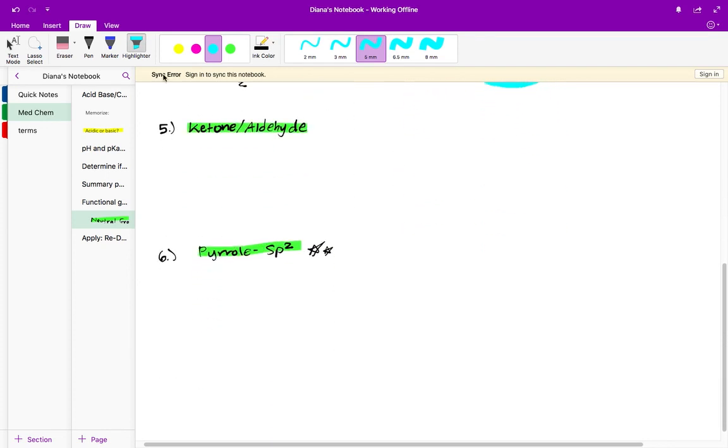Now we're going on to our ketones and aldehydes, which are my favorite because these are really easy to differentiate and to find. So I'm going to go ahead and draw out a large structure. And I'm just making up this structure as I go, so it's not actually any real structure or medicinal structure. I'm just going to kind of draw some stuff out here.